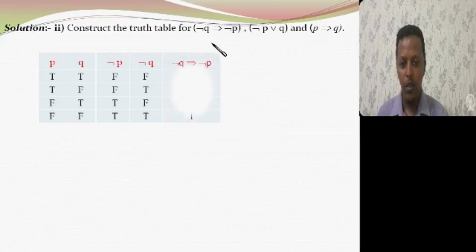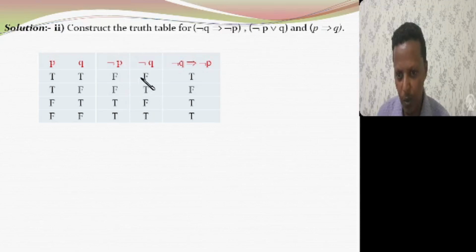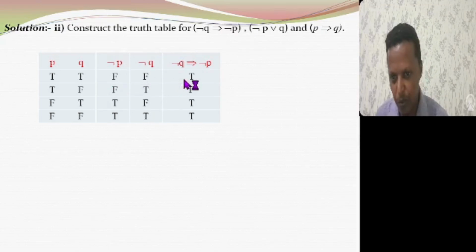Then negation Q implies negation P. Negation Q is the hypothesis and negation P is the conclusion. So the order is important. We imply from the fourth column to the third column. False implies false is true. True implies false is false. False implies true is true. True implies true is what?